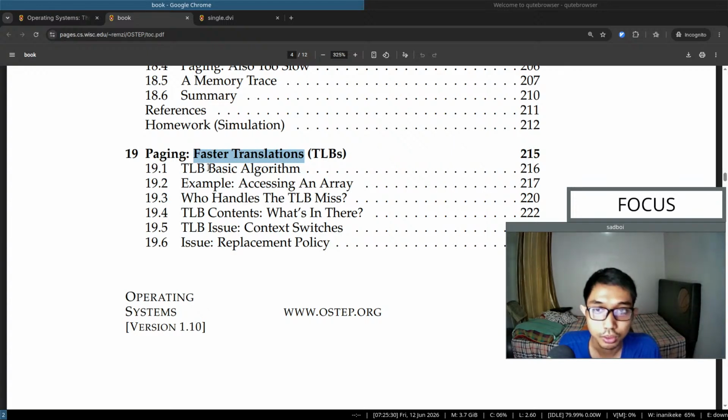And currently on section 19.4, TLB contents.